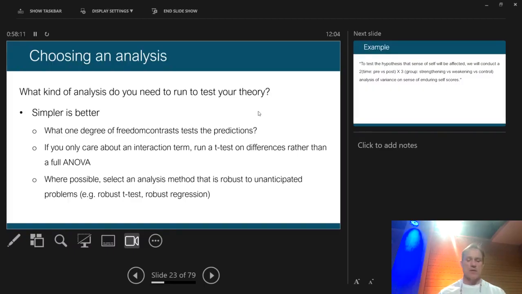I think about it, psychologists, I'm not sure how many psychologists are here, but psychologists are beloved of what you could call multi-degree of freedom tests, like a one-way analysis of variance or a two-way analysis of variance, where you have several degrees of freedom, like you've got several conditions.